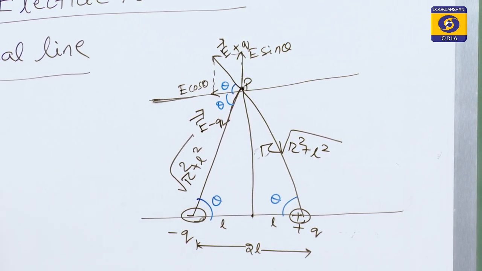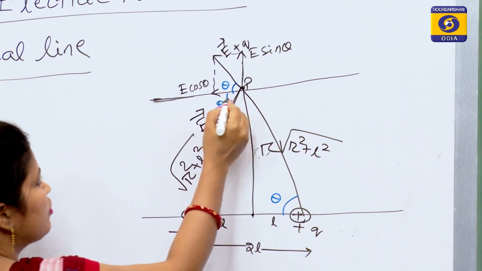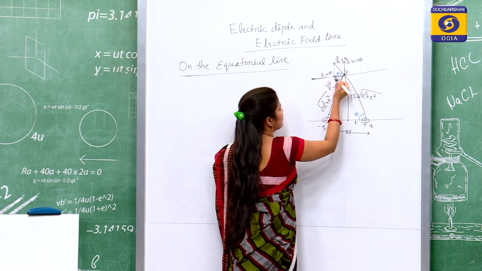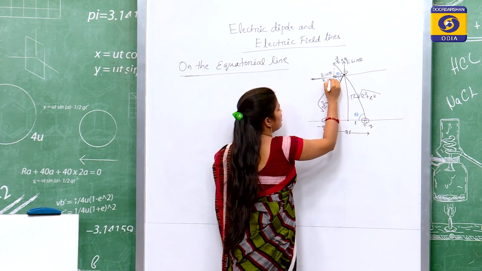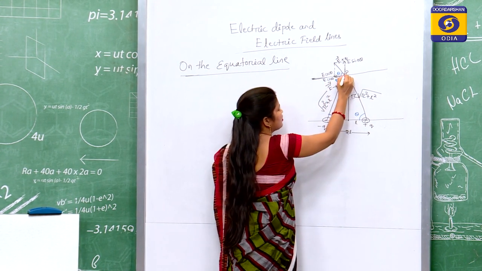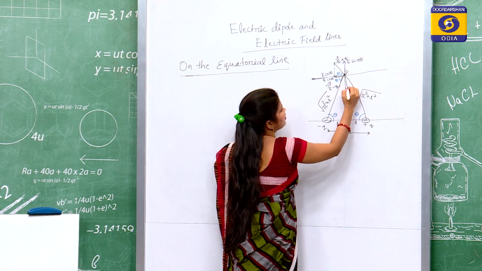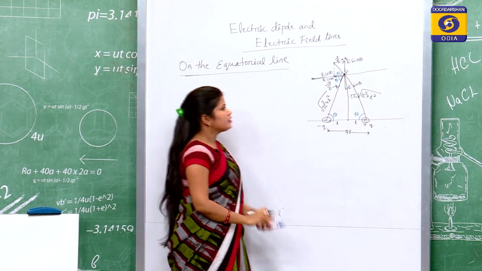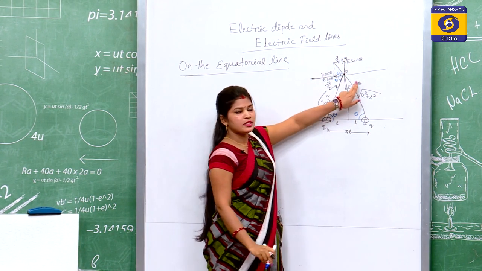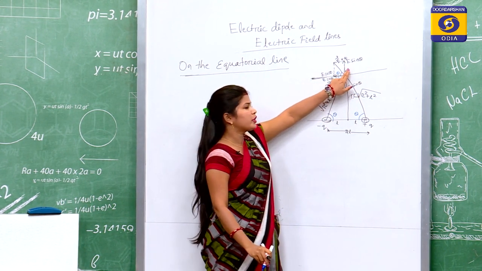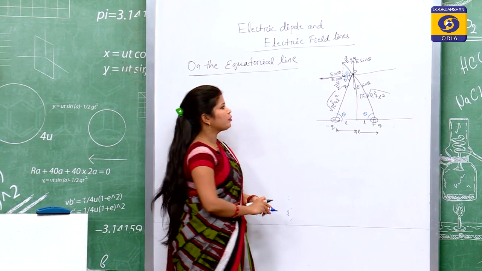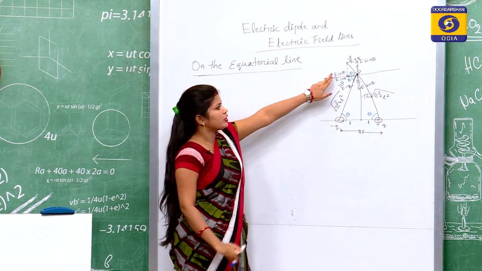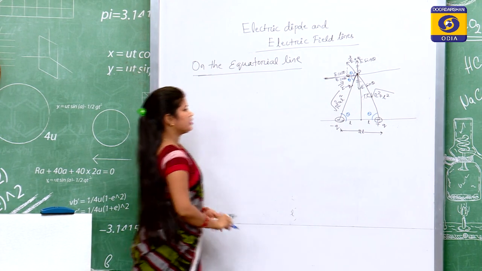Okay. Similarly, on resolving E minus q, we will get E cos theta, and here also E sin theta. Then the E sin theta components are equal in magnitude but opposite in direction. So, they will cancel out, and the E cos theta components will be added up.